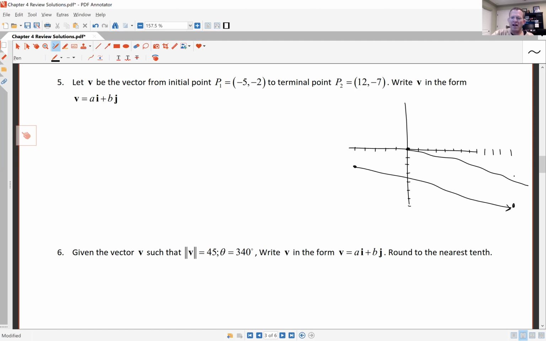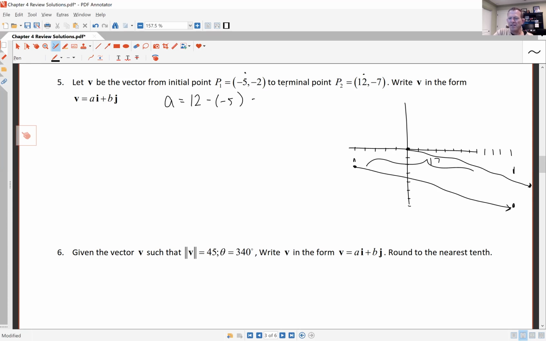So the way that we find the coordinates of this ending point are x2 minus x1, 12 minus a minus 5. It is just saying that as if this thing started off at -5 and ended over here at 12, then that's 17 to the right.